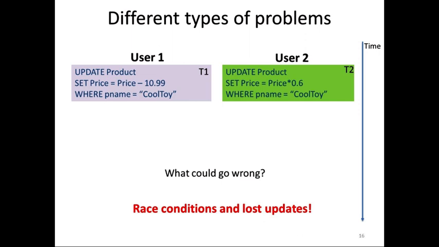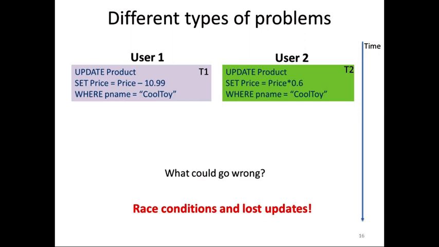So these are, of course, results that we would not obtain without concurrency. If we were, for instance, to execute the transactions serially, one after the other, we saw that serial executions, T1 and then T2, or T2 and then T1, lead to other results. The price may be 5.4 or maybe 0.1.01. So these are acceptable outcomes after executing T1 and T2.